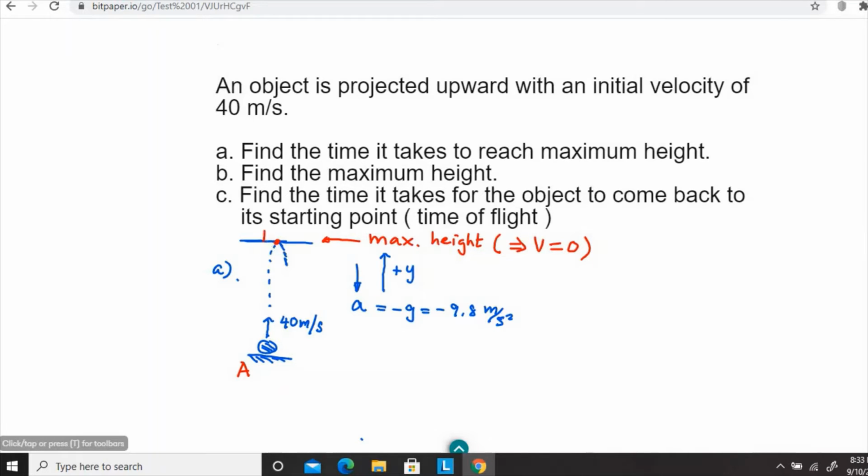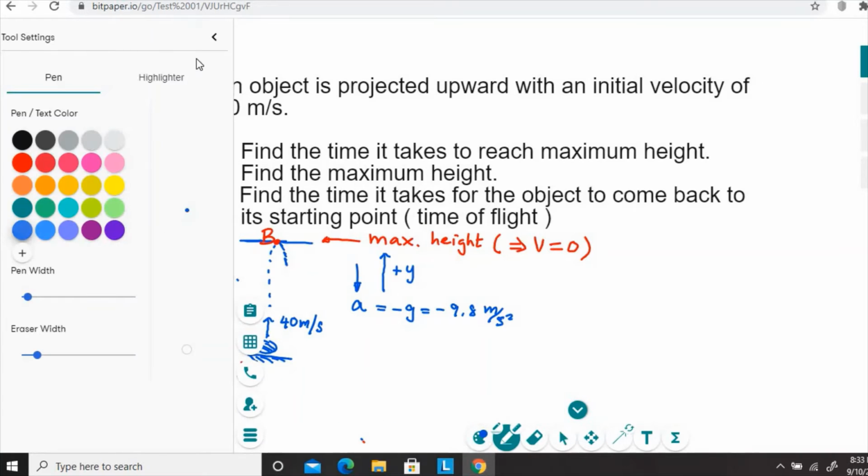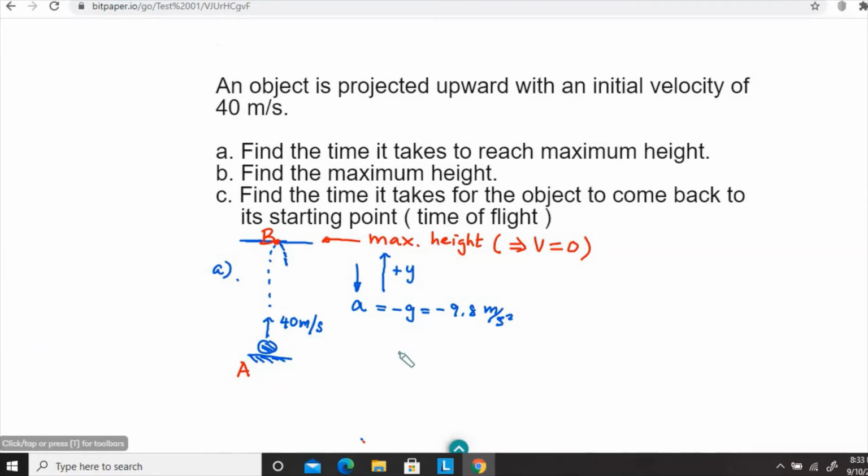That point is my B point, and then I'm going to look at the motion for the first part, motion from A to B. So then we have to use an equation to solve this. So let's assume that the starting time is t0, and over here let's say the time is t.